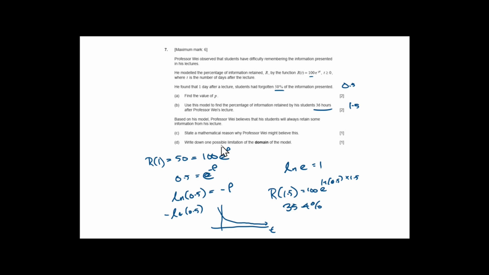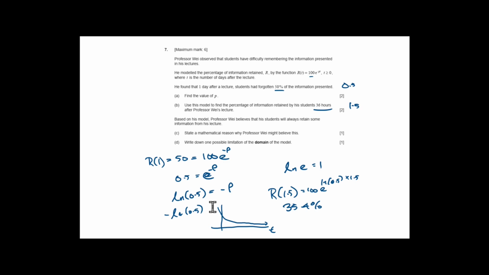So write down, I'm not going to write down, possible limitation of the domain of this model. Well, the domain kind of presumes that it's going to go forever and ever and ever. After the exam, probably as soon as the students walk out of the exam, they forget everything that was in the lectures.